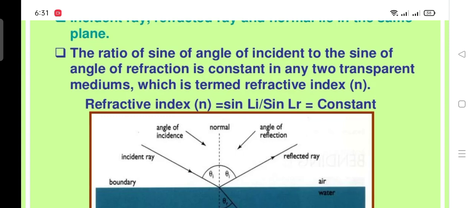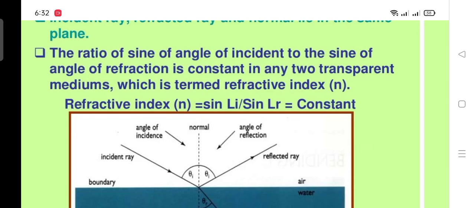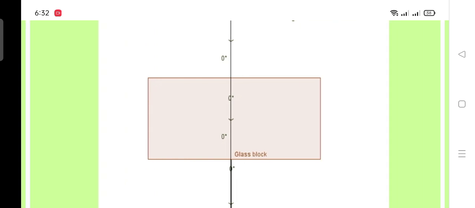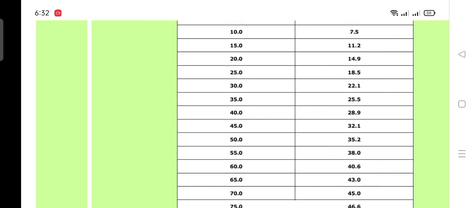Here you can see it in the image. Students, here you can see the images.